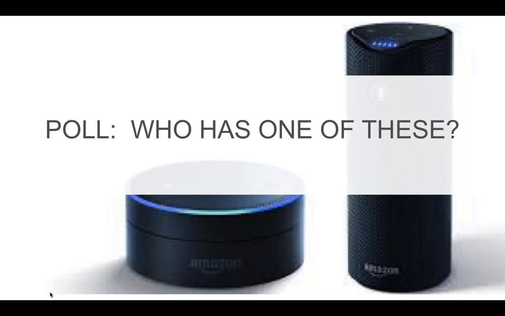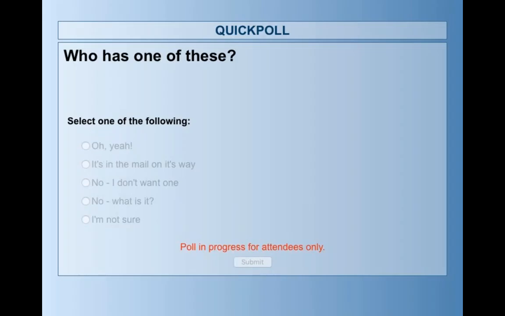So I want to do a first poll. I've got some polls. I want this to be an interactive session. And I want to find out, let me get my poll opened, who of you has an Alexa. I'll leave that open for about 30 seconds. Go ahead and type in who of you has one of these Amazon Alexas.